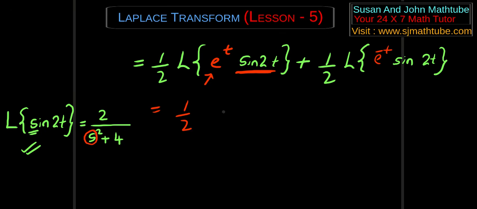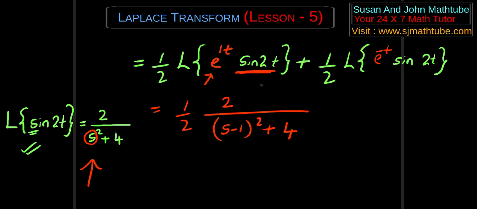1 by 2. So what will be the answer? It will be the same thing, but it's 2 by s minus 1 the whole square plus 4. What is the reason I replaced s with s minus 1? Because the coefficient of t is 1. Now the second one is waiting for us.